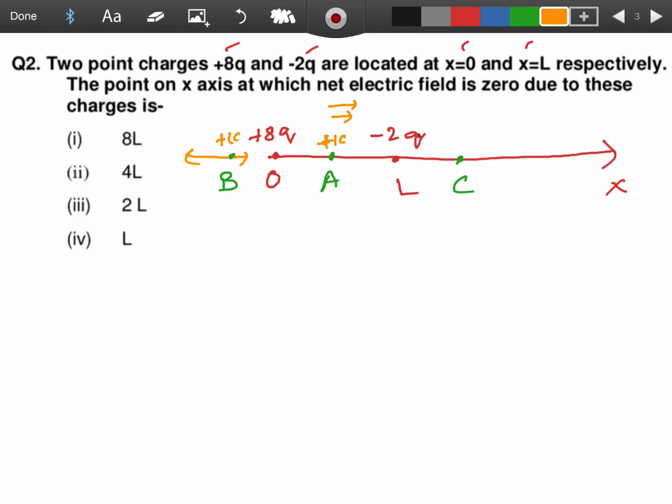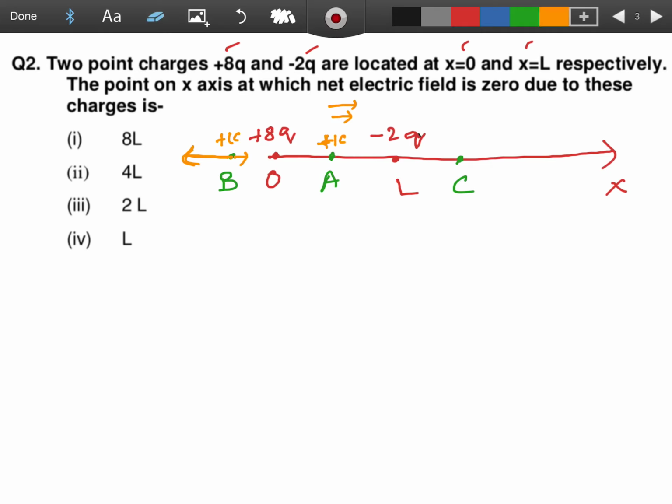That means 8q is a big charge because its magnitude is more, so it will repel very strongly, but minus 2q is a small charge, and it is very far from the unit positive charge at B. So the chances of the electric field becoming 0 at B are very minimal, very few, because 8q is very close and repelling very strongly, and 2q is very far and attracting very weakly.